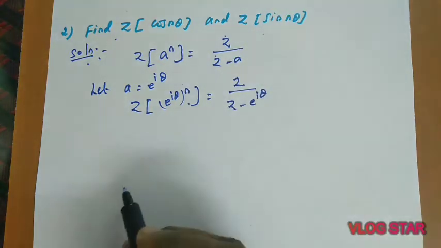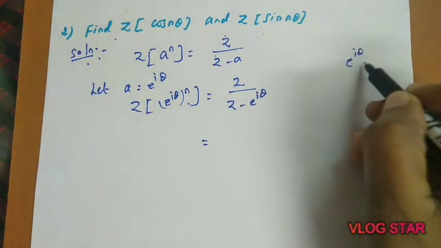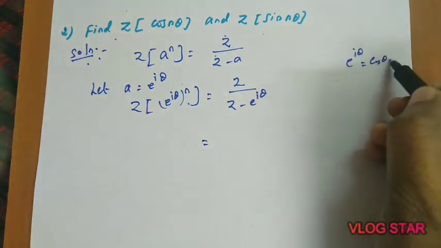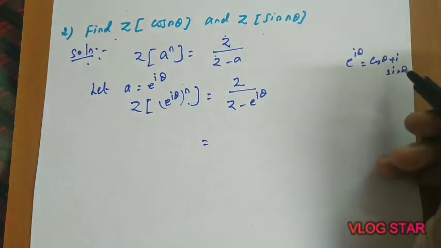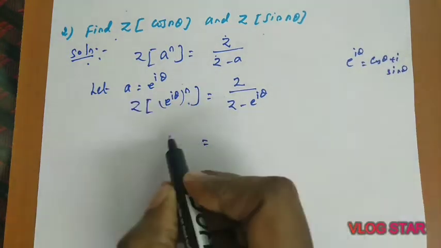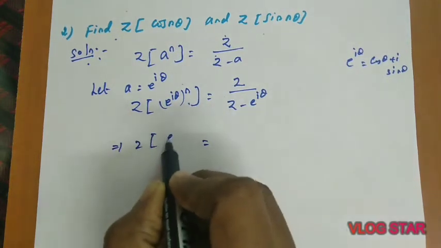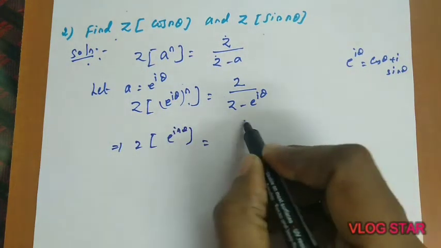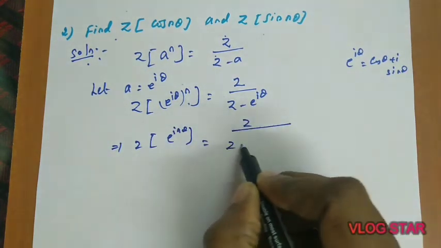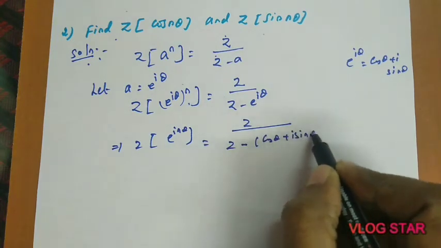We know a very well result that e power i theta is nothing but cos theta plus i sin theta. So applying that also, this can be written as Z of e power i n theta equal to z by z minus (cos theta plus i sin theta).